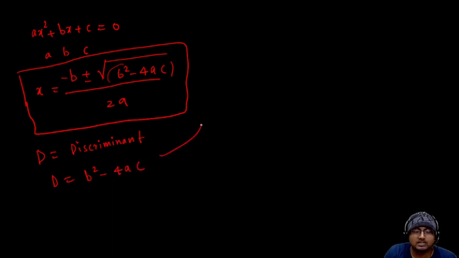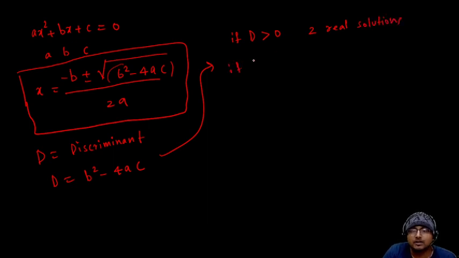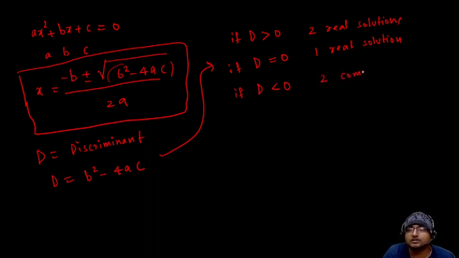And what are the conditions of the discriminant? If d is greater than 0, we have two real solutions. If d is equal to 0, we have one real solution. If d is less than 0, we have two solutions, but those are complex solutions.